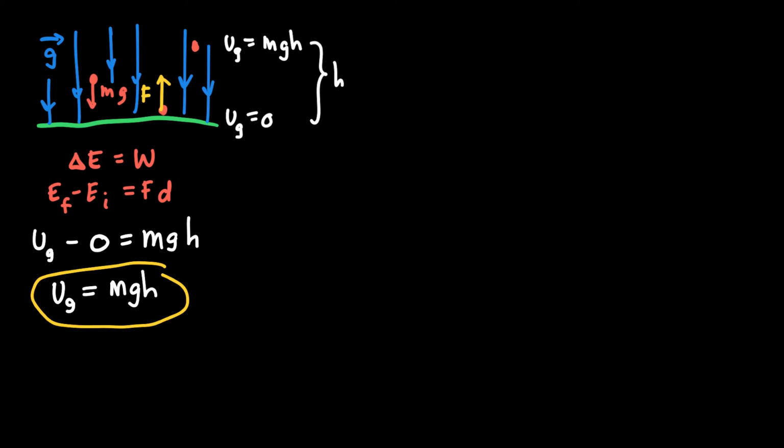I would like to point out three things about this example. First, the force that is exerted on this mass, whether it's the force exerted by the gravitational field or the force exerted by me in lifting it up, is mg.